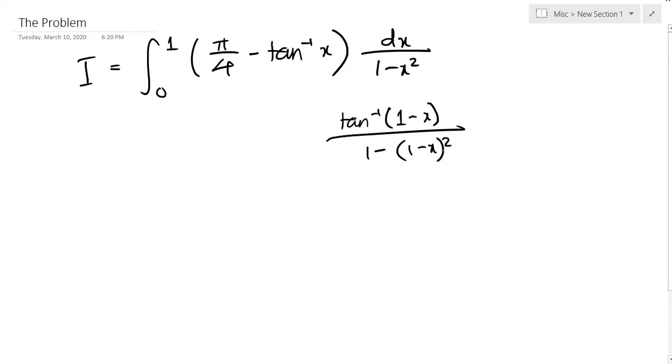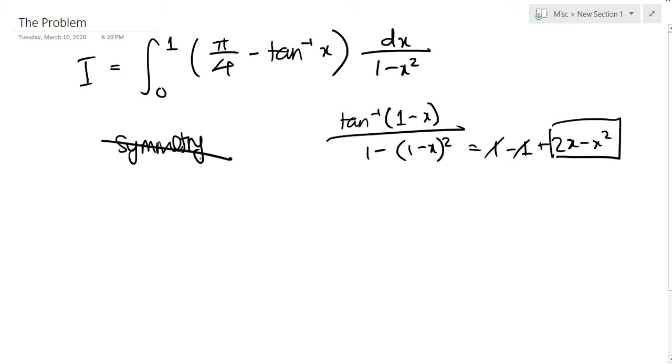And now this would result in 1 minus 1 plus 2x minus x squared. And exploiting symmetry isn't going to help much, because look at the form of the denominator. It's probably even uglier than before. It's probably harder to manipulate than before. So exploiting symmetry is out of the question.